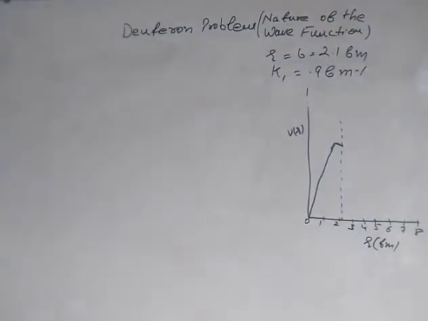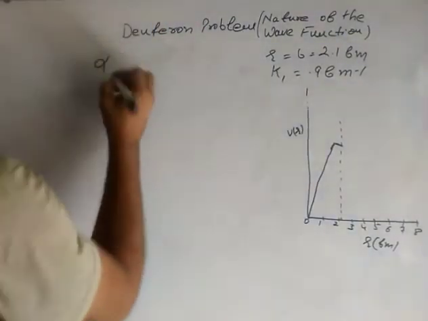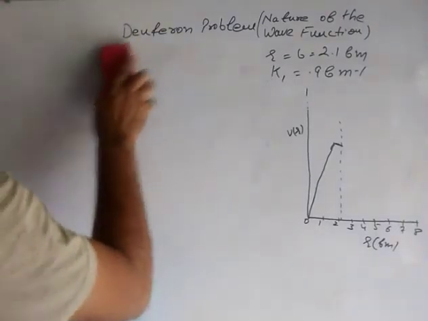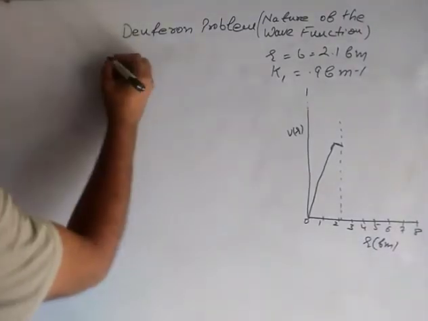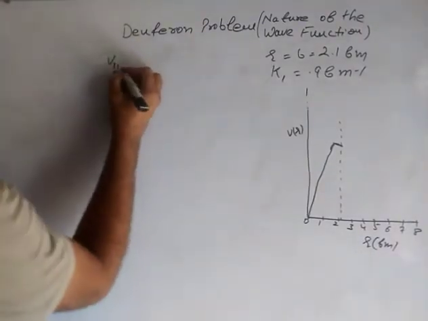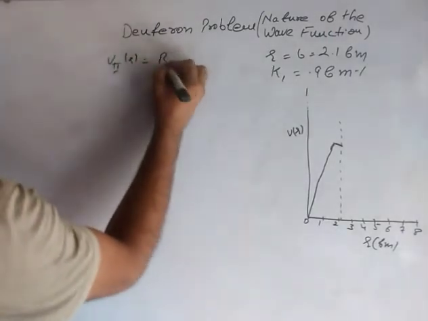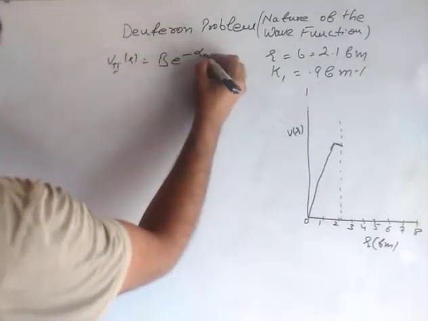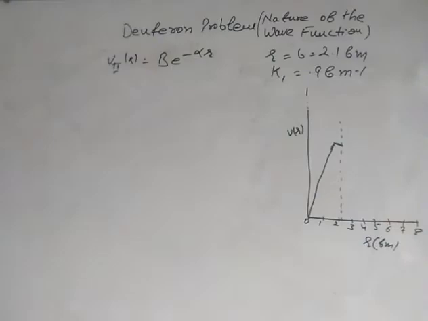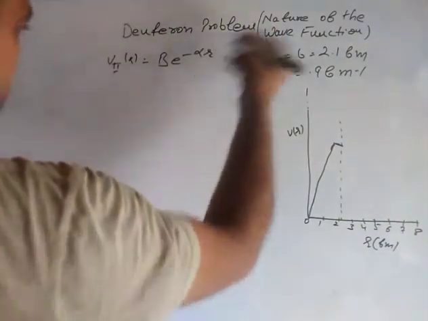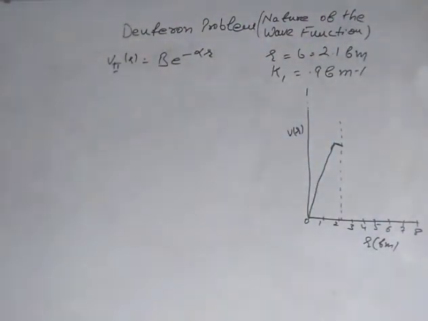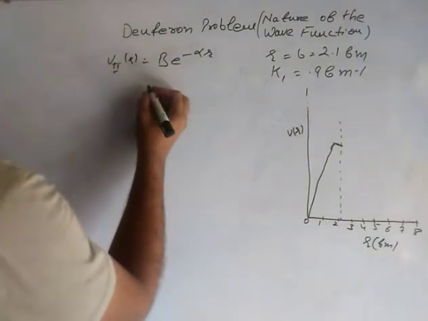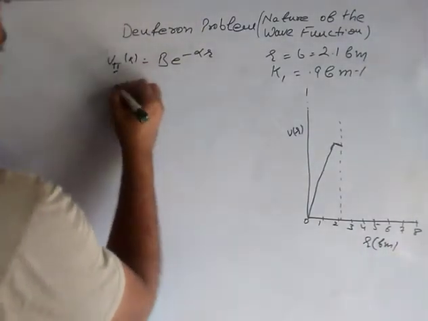Now similarly we can do that for region 2. What was our wave function in region 2? In the previous class, u2r was equal to b e to the minus alpha r, because b dash is 0 in that case, so we are only left with this term. Now what is alpha?